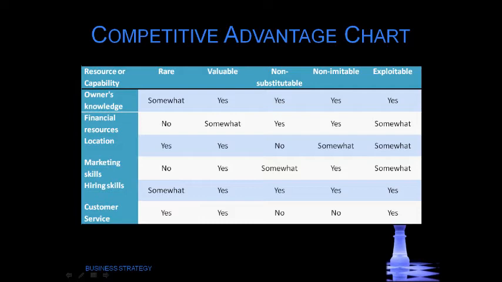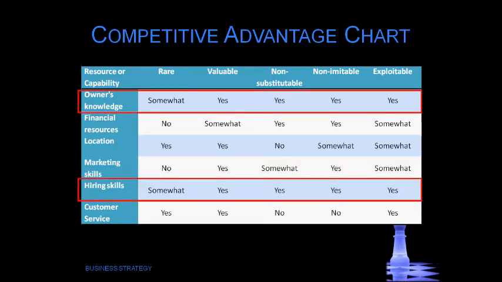And if we can get a yes all the way across here, then we have a sustainable competitive advantage. Now, in this case, we don't. However, the owner's knowledge and the hiring skills are somewhat rare. So they might be a relatively short sustainable competitive advantage.